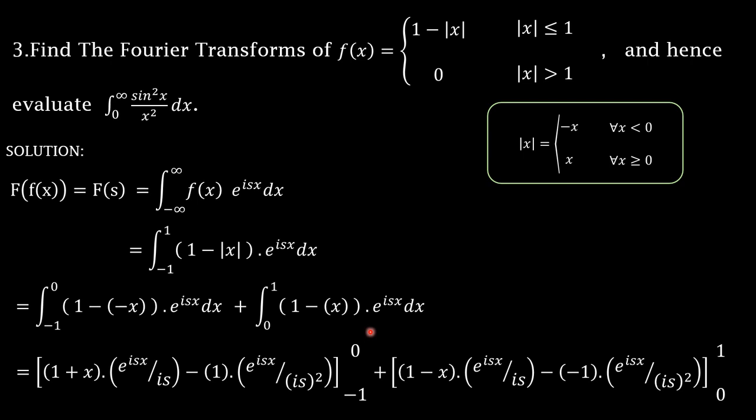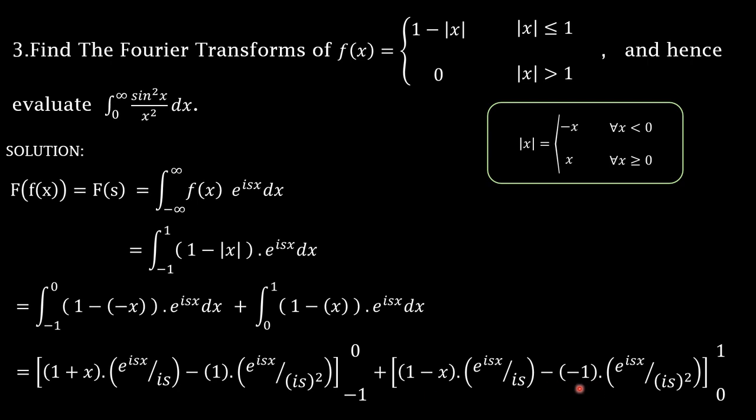evaluating the second integral using Bernoulli's rule by choosing the first function as 1 minus x. So, 1 minus x into integration of second function, that is e to the power isx by is, minus differentiation of 1 minus x.